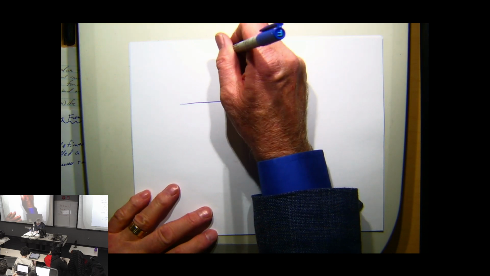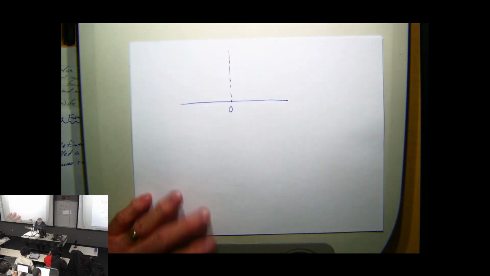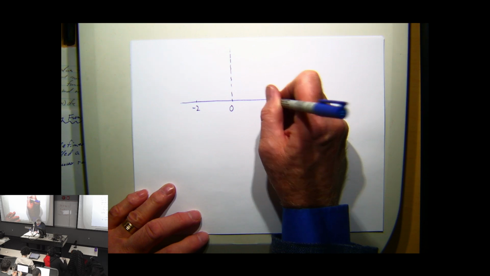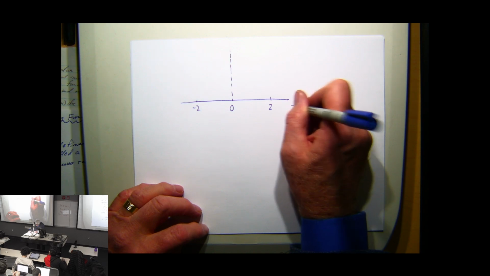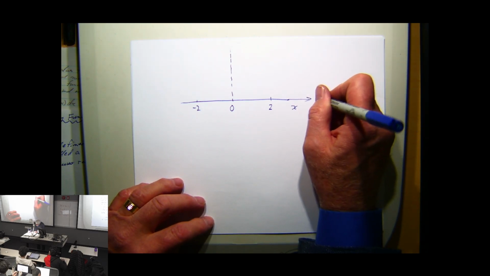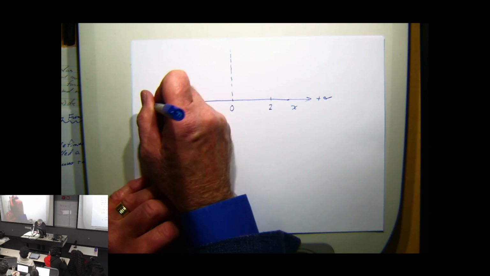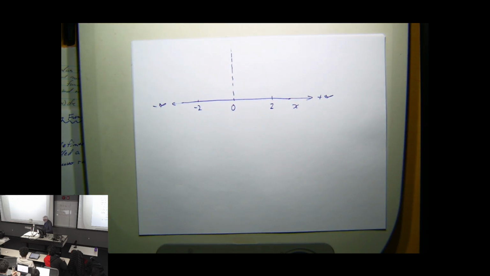And so if I've got some function, why don't we work out the one that we just worked with? We just had this one. So this is the x, and off in that direction it's heading off to positive infinity, and in this direction it's heading off to negative infinity. And this is just the real line.